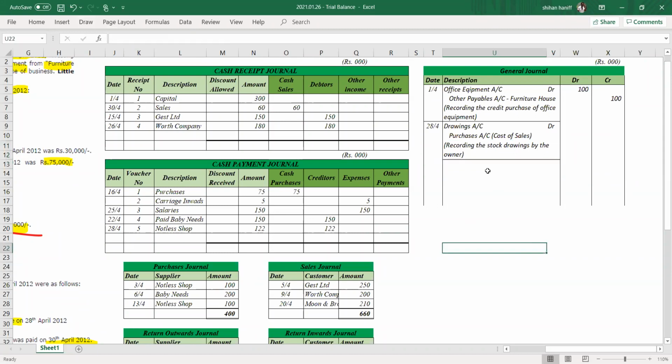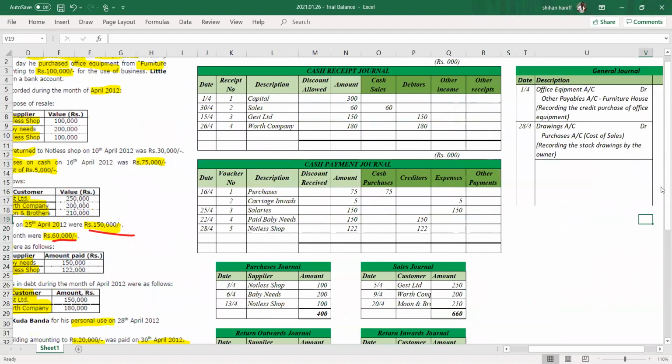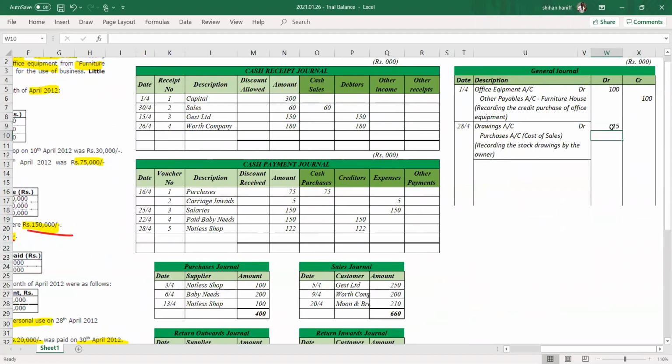Recording the stock drawings by the owner. So that is double entry for stock drawings. Value is 15,000.